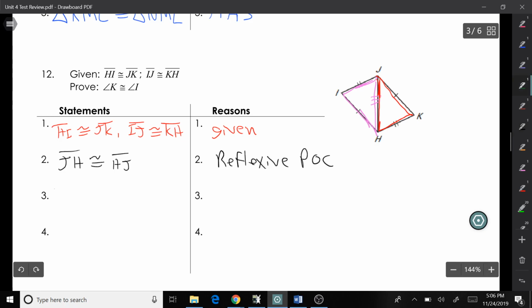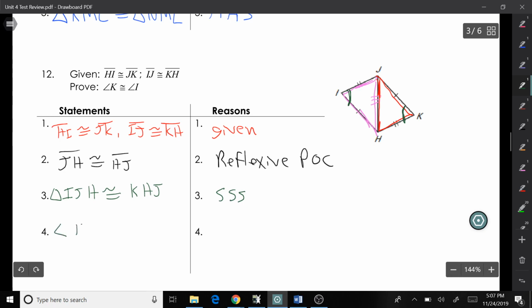So that means that triangle IJH is congruent to triangle KHJ by side, side, side. And now if the two triangles are congruent, that means their corresponding parts are congruent, which allows us to say angle I and angle K are congruent.